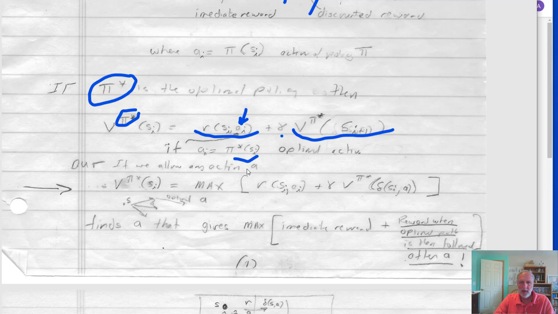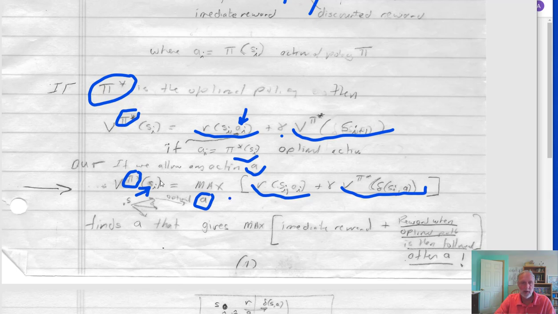But what if we said, okay, let's take any step going out of state Si. Can we calculate pi star based on that, or V pi star? Well, sure we can. We simply try all possible actions A going out of state Si, and then we evaluate R plus the optimal V for the next state, and then we maximize over that.